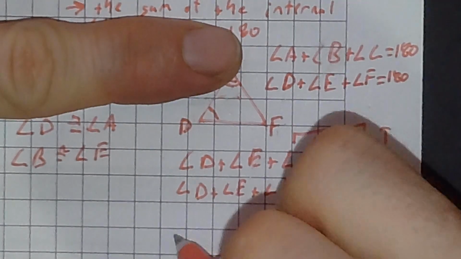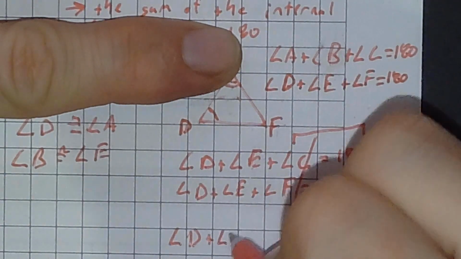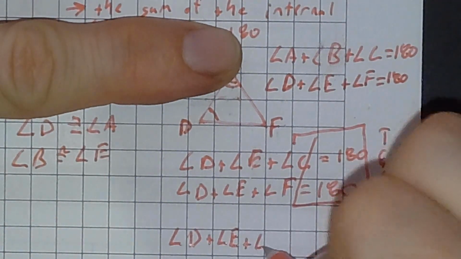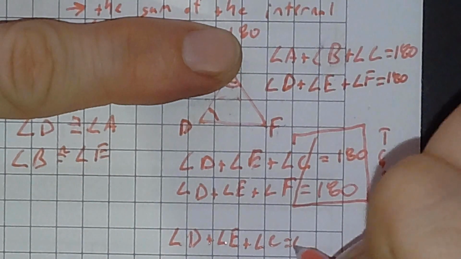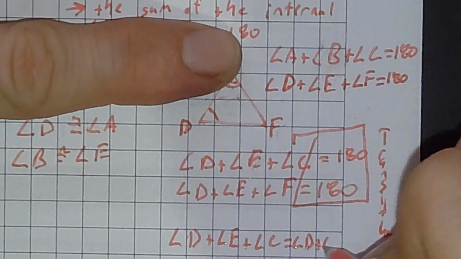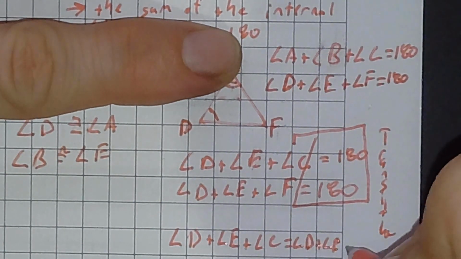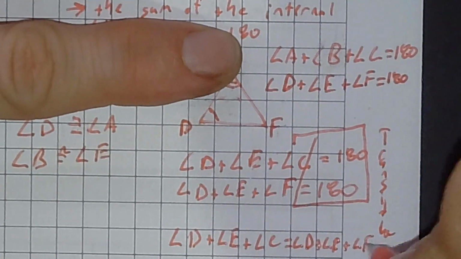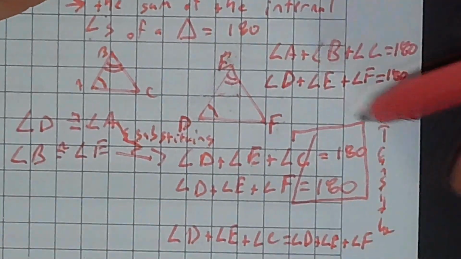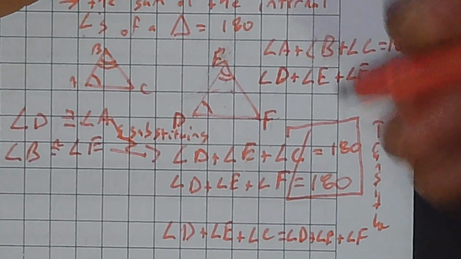And I'll say angle D plus angle E plus angle C equals angle D plus angle E plus angle F. All right, so this was the substitution property of equality, and this was the transitive property of equality.